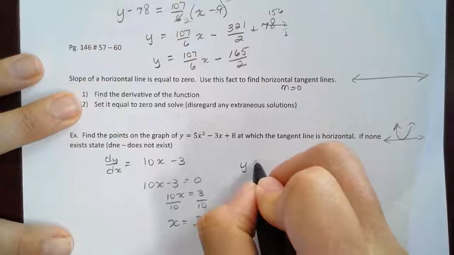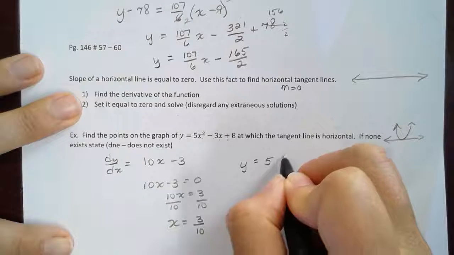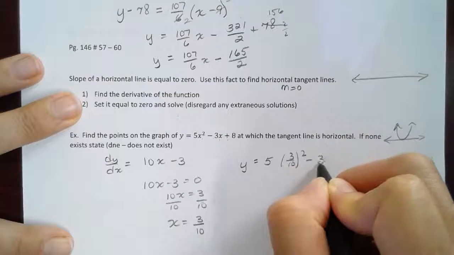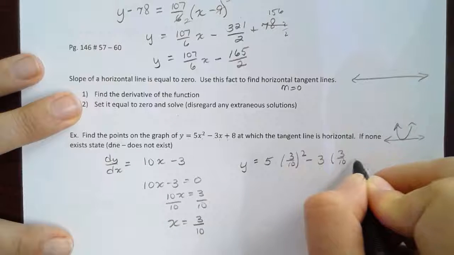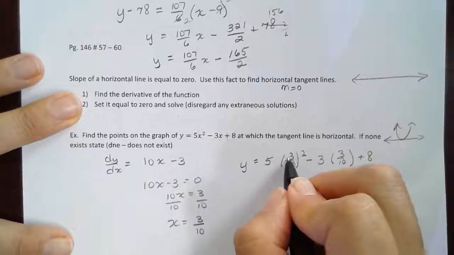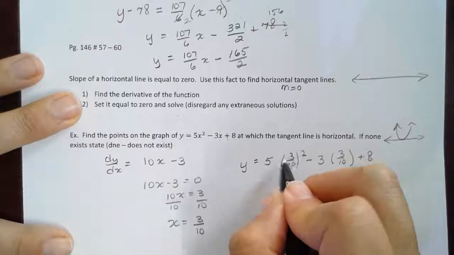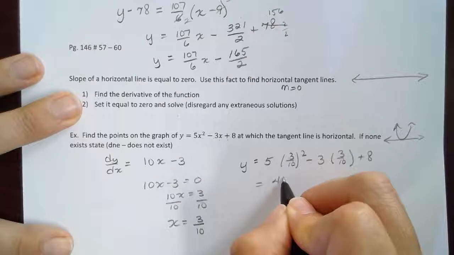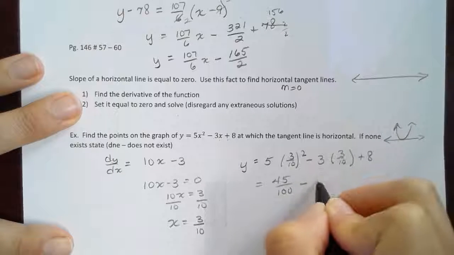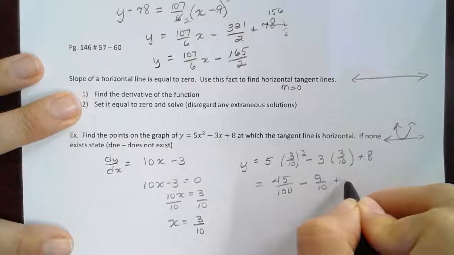So y is going to be equal to 5 times (3/10) squared minus 3 times 3/10 plus 8. So now 3 squared is 9, 9 times 5 is 45. 10 squared is 100, minus 3 times 3 is 9/10, plus 8.